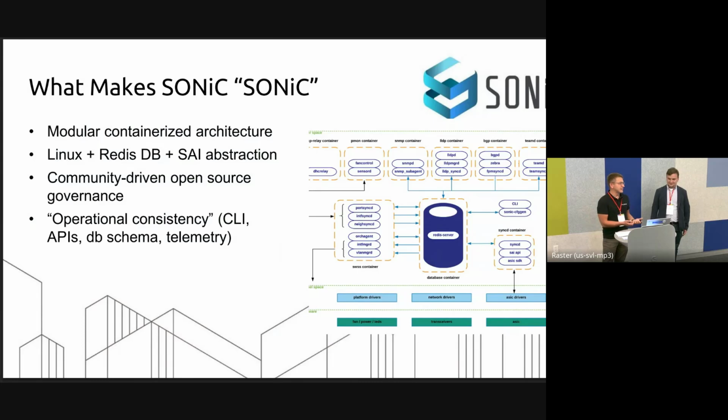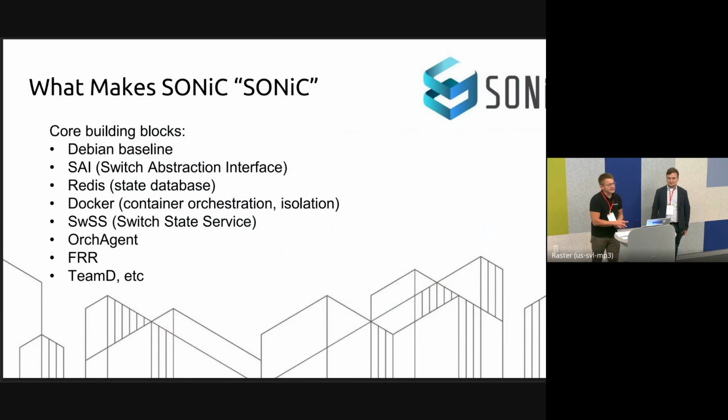And if we go a bit deeper, let's see what the actual components in this architecture are. Looking under the hood, SONiC becomes a collection of building blocks: SAI, Redis, switch state service, orchagent, FRR, teamd, and the whole container ecosystem on top that runs it. All these pieces together form the minimal viable SONiC platform.